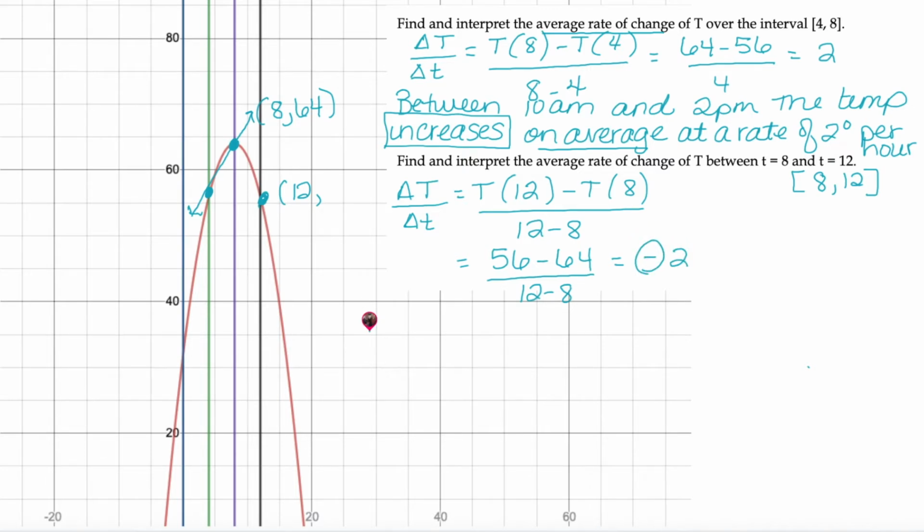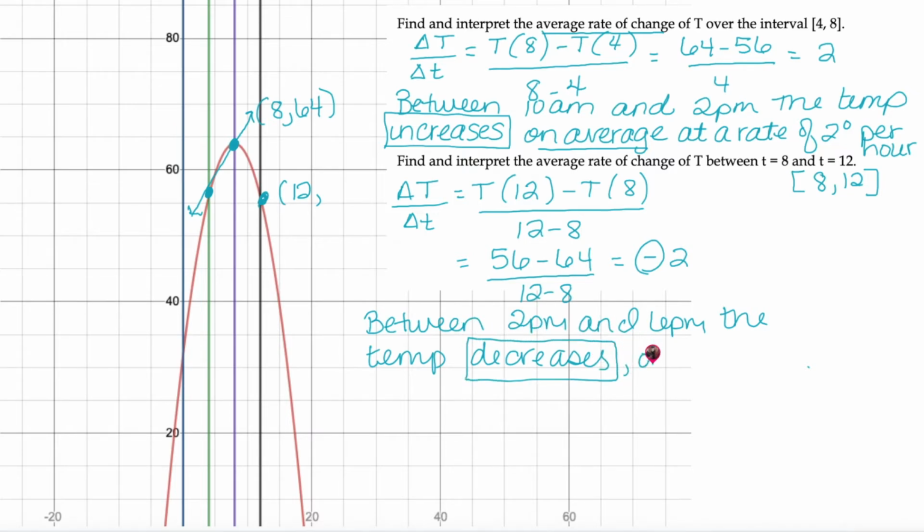This tells us then between 2 p.m. and 6 p.m., since 6 p.m. is 12 hours after 6 a.m., this time the temp decreases, and it shouldn't surprise us, we visually can see that it's a negative slope, decreases on average at a rate of 2 degrees per hour.